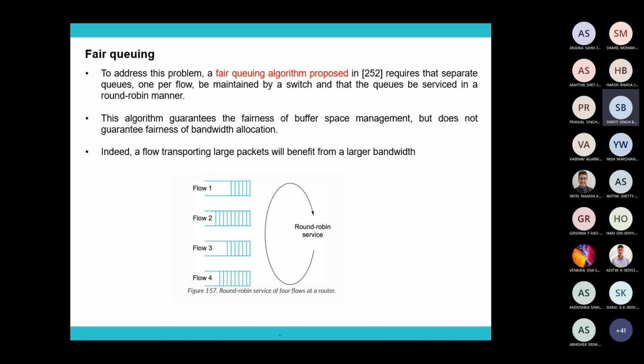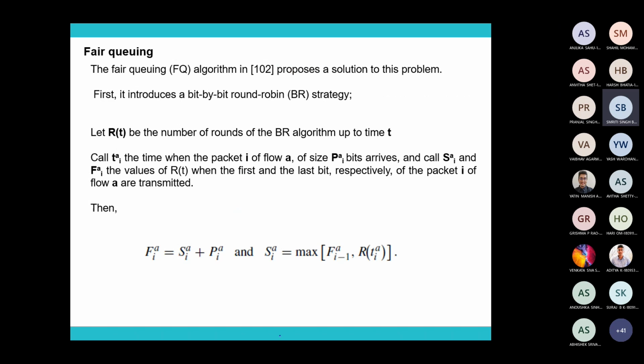In that way, you make sure it will be fair. That is what is mentioned here: bit by bit round robin, which is a fair queuing only.